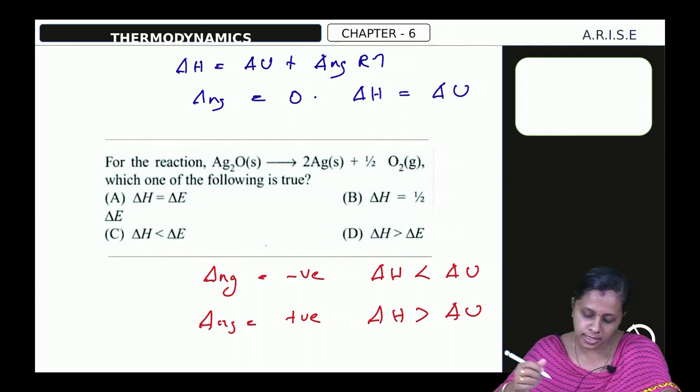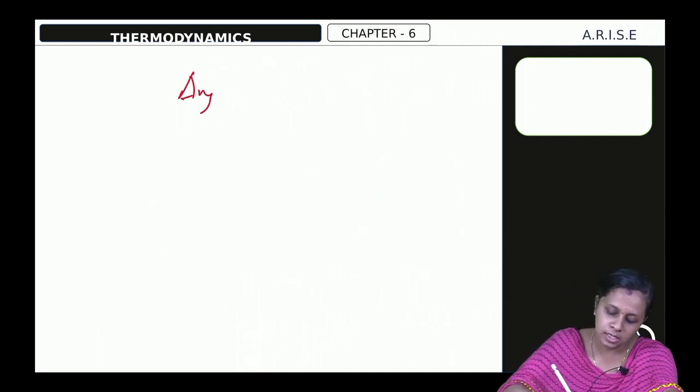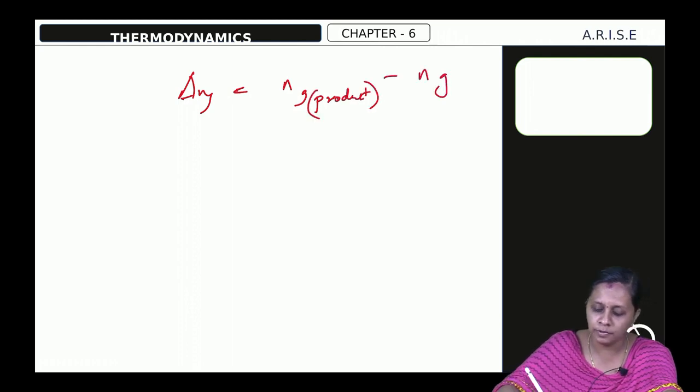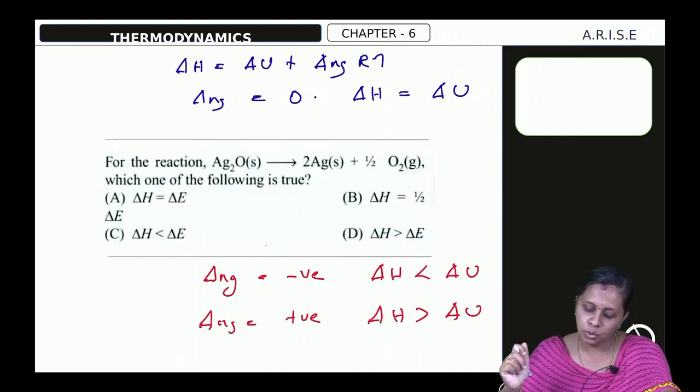Okay. So let us consider in this case, for the reaction Ag2O solid giving 2 Ag solid plus half O2. So what is delta Ng? Number of moles of gaseous product minus number of moles of gaseous reactant.